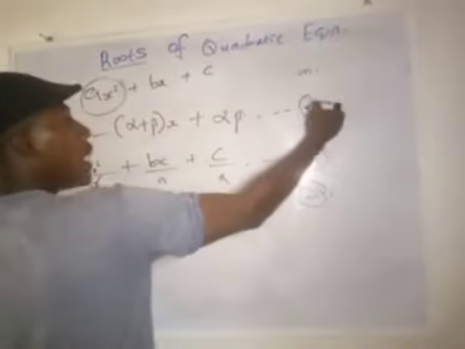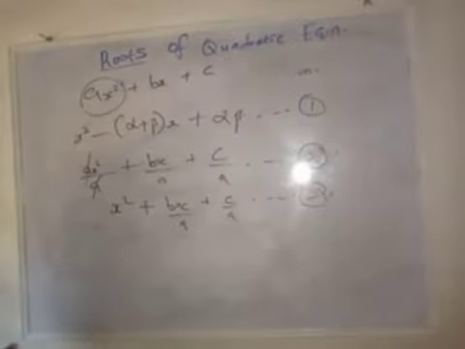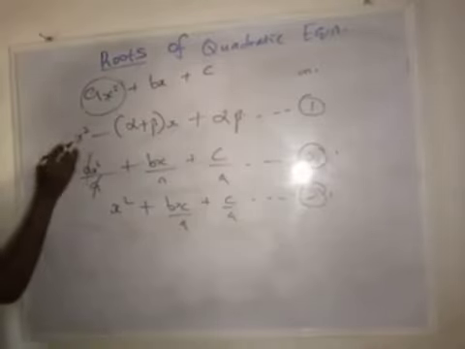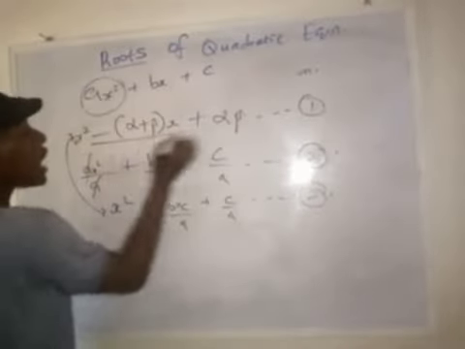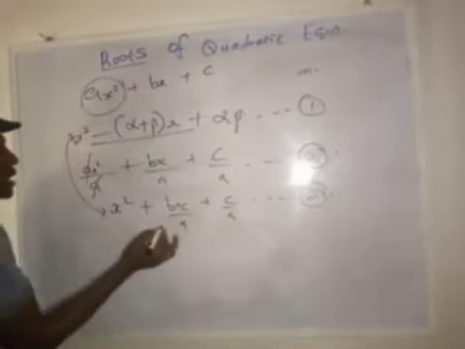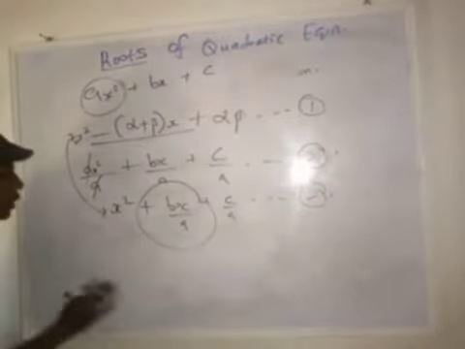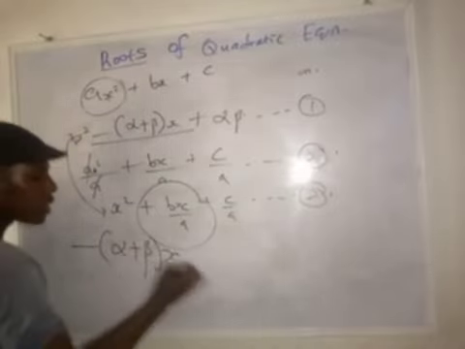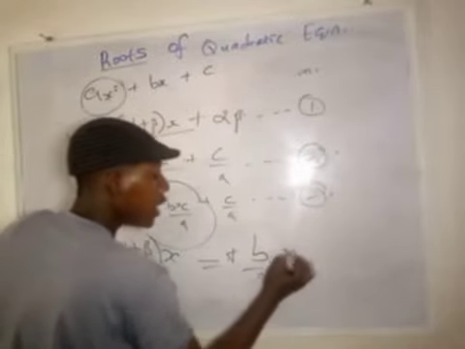Now, let's compare equation 1 with equation 2, that is, by equating the coefficients. This x squared is the same thing as this x squared. Are you getting something here? Now, this minus (alpha plus beta)x is also the same thing as this, because if I want to equate the coefficients, minus into bracket alpha plus beta x will be equal to plus b over a x.